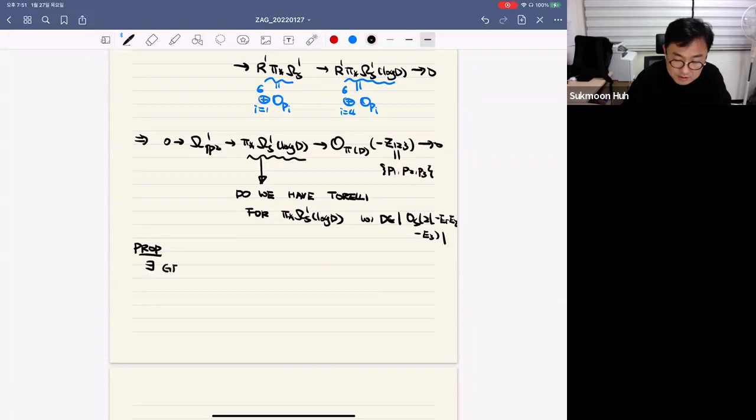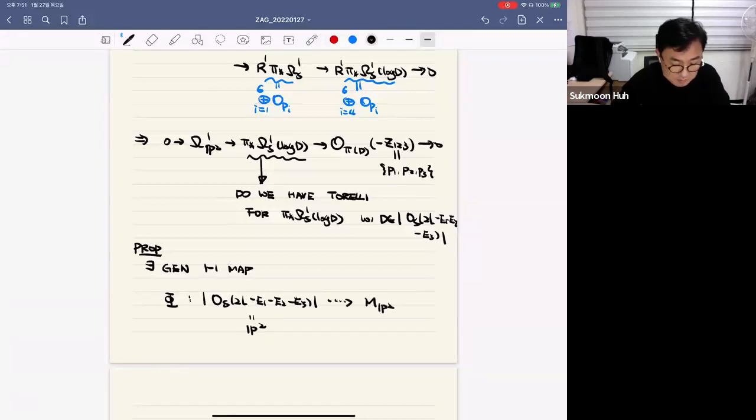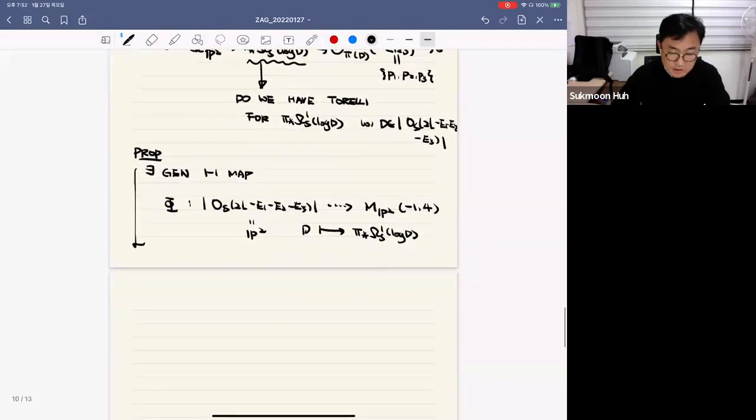In fact, there exists a generically one-to-one map phi from the linear system, P2, to the moduli space of stable bundles in P2 with rank 2, first Chern class minus 1, second Chern class 4, sending D to pi lower star omega S1 log D. So that means first we have a positive answer to the Torelli question. Second, the push forward is stable, and so on.